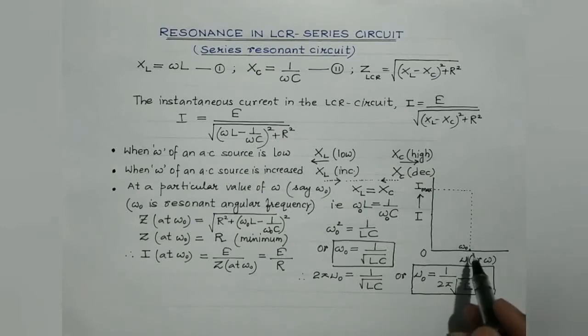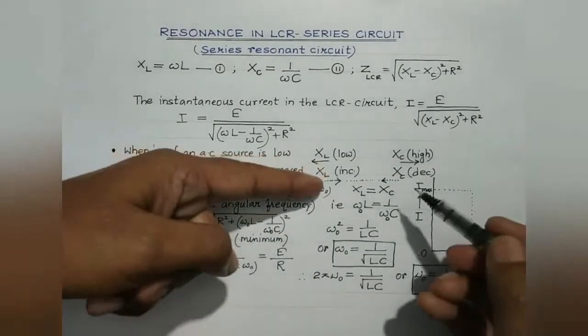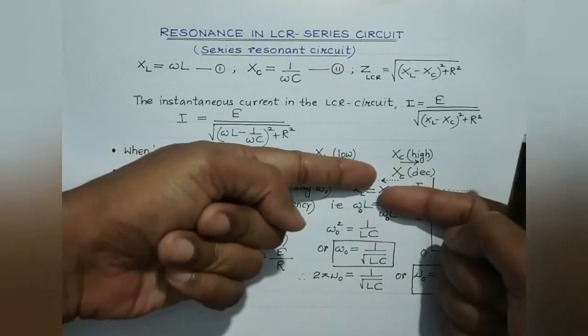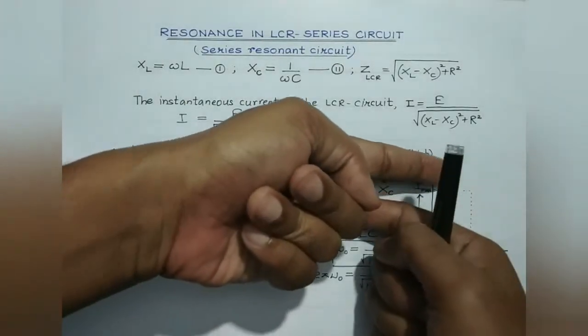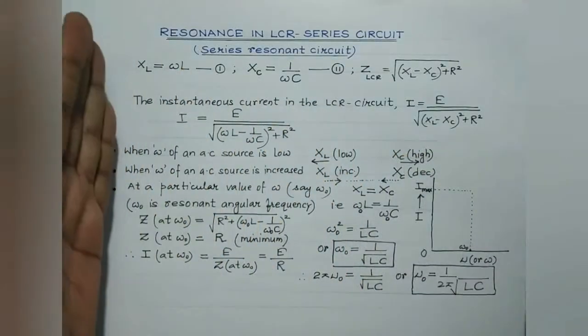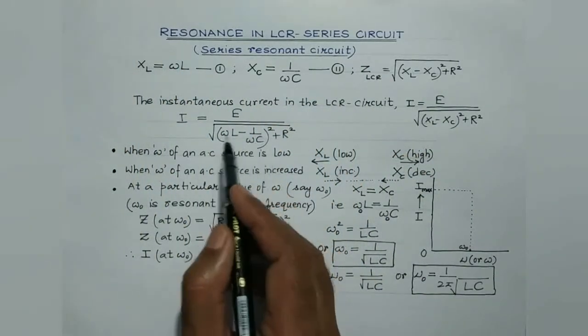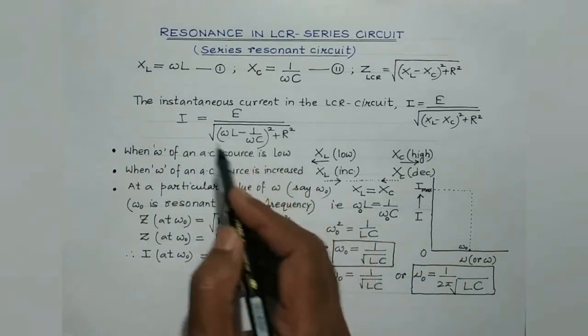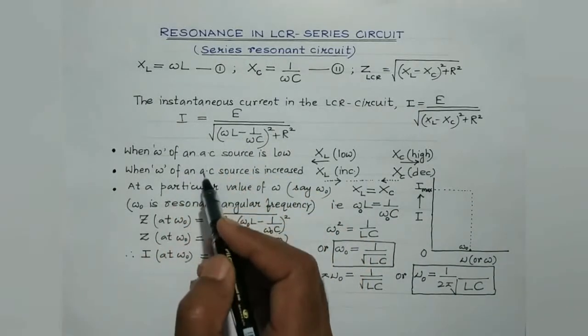And after it has attained maximum value, if the value of omega is further increased, then omega L will keep on increasing and 1 by omega C will keep on decreasing. So the gap between XL and XC will again start increasing. When the difference between omega L and 1 over omega C starts increasing, that is, the denominator starts increasing, then current will start decreasing.